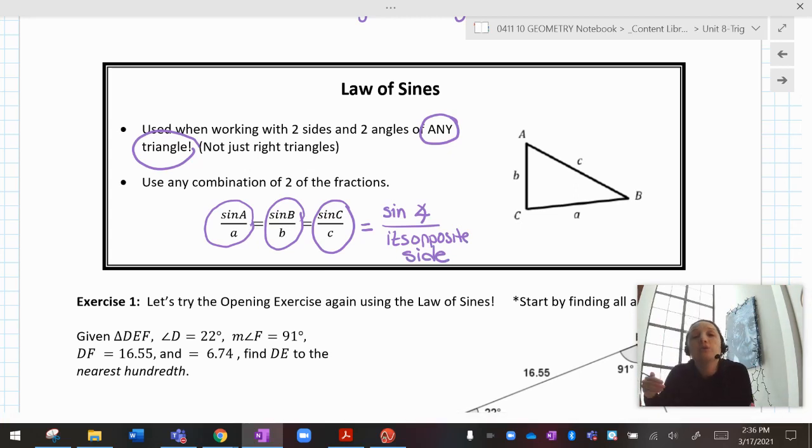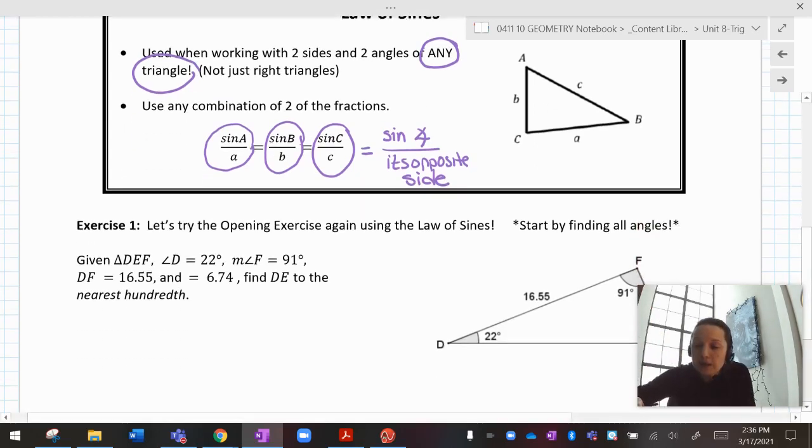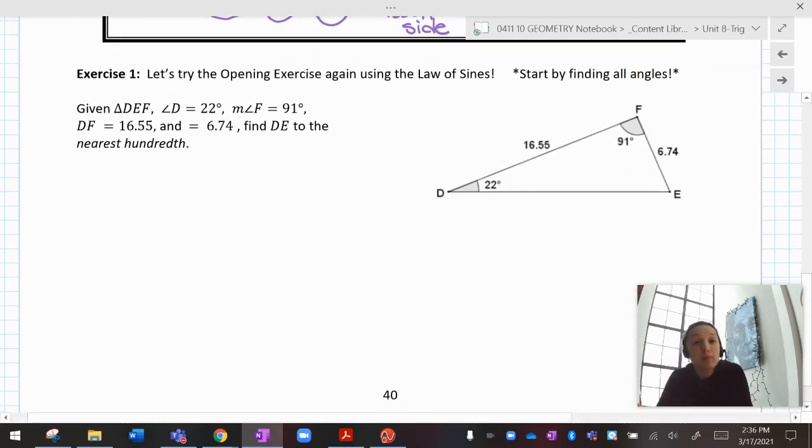We use the law of sines by saying take any triangle, the sine of an angle over its opposite side equals the sine of a different angle over its opposite side. Let me show you how the law of sines works for the triangle up above. What am I trying to find? I'm trying to find this. That x is across from 91.